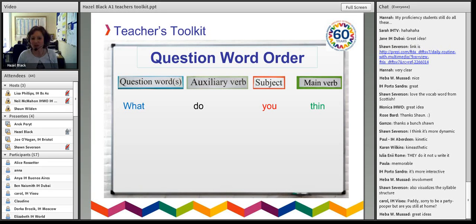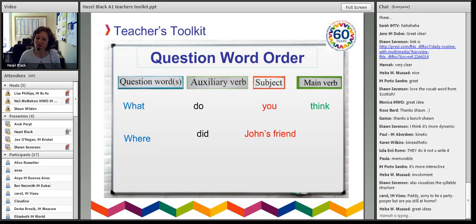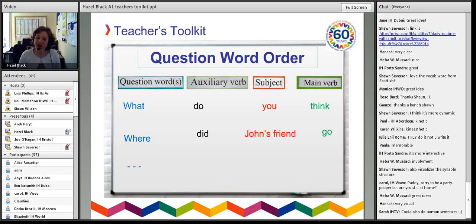I wouldn't usually use this as a stick-up activity, although you could just write the words of a sentence on individual scraps and a question and get the students to stick them up in the right position. But what I usually use this for is to color code what I write on the board. It's an aide-mémoire for me as much as for anything. So I would put the words up.